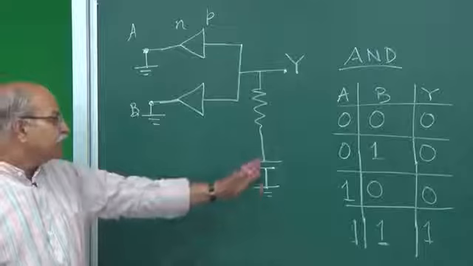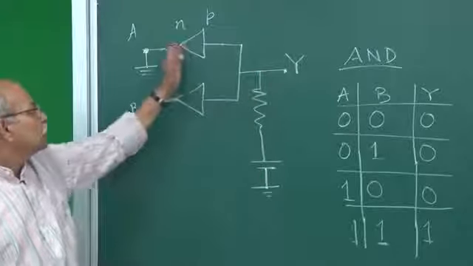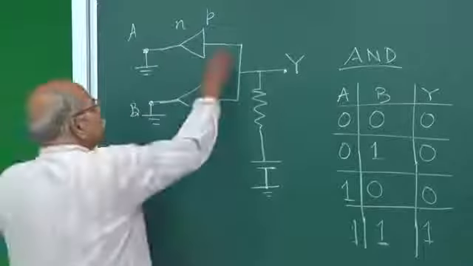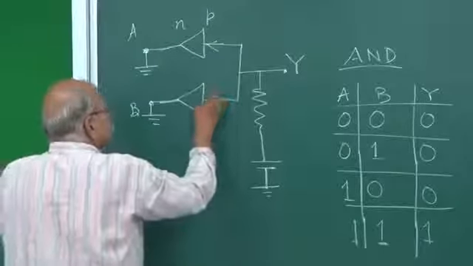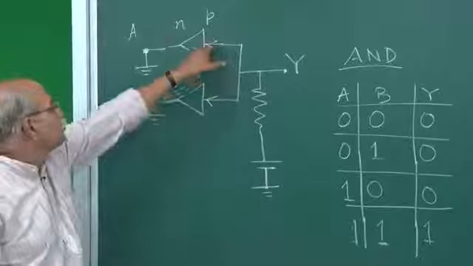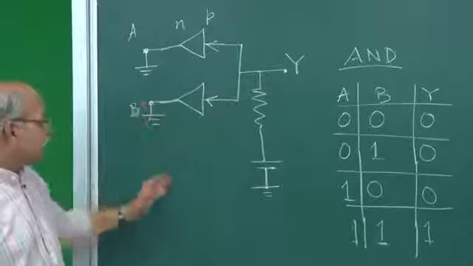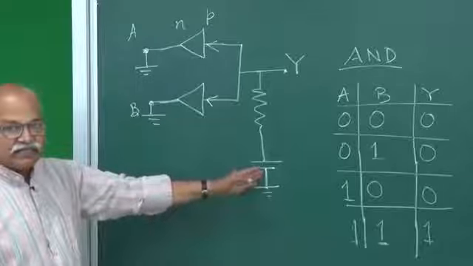You have a higher voltage here and a lower voltage here, so it is forward biased, and therefore you have current through this diode. The current goes like this and then it comes back and goes into the battery. The current goes like this and comes back and goes into the battery.